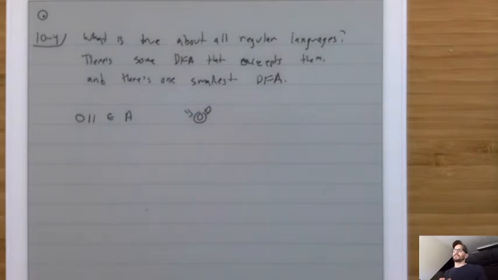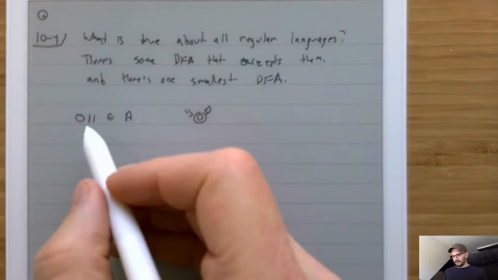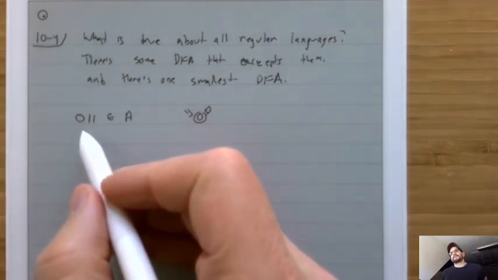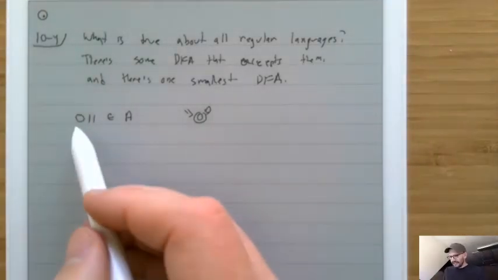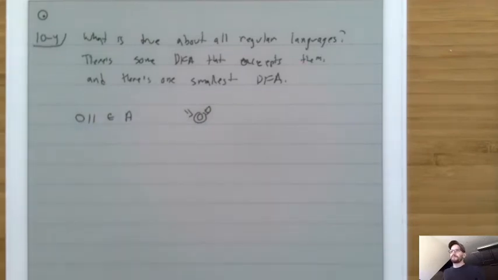Let's ask another question. What's the biggest DFA? Let's imagine that we have a DFA that's going to accept 011, and we would like that DFA to visit as many states as possible.